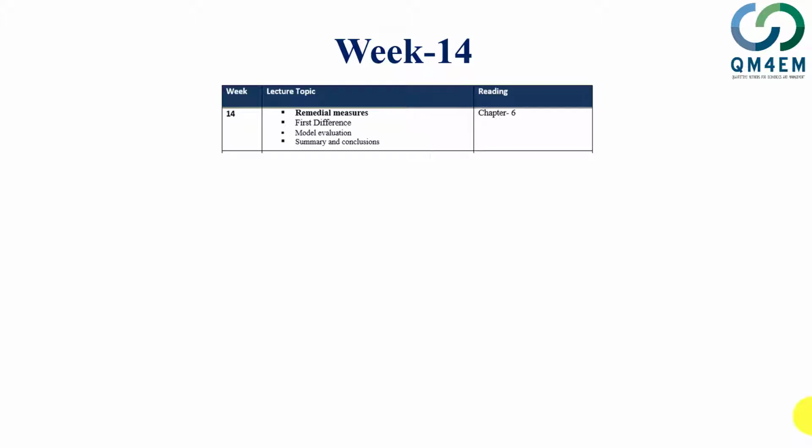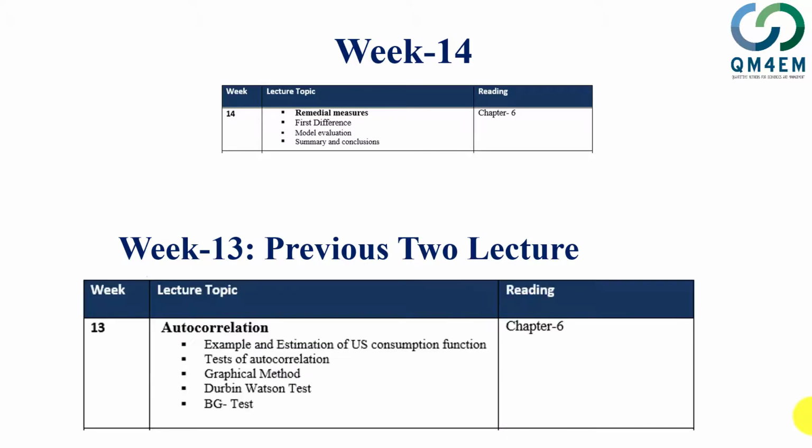But before starting the content of week 14, I would like to give you a quick overview of the last two lectures on autocorrelation so that we can link the theory which we have studied already with what we have to do today. Autocorrelation is a case when successive values of the error term of the model are correlated with one another.